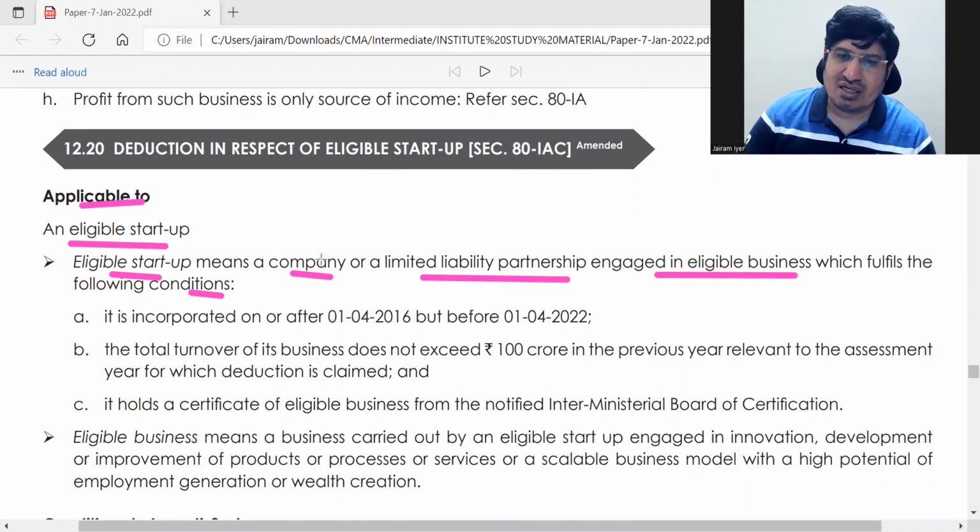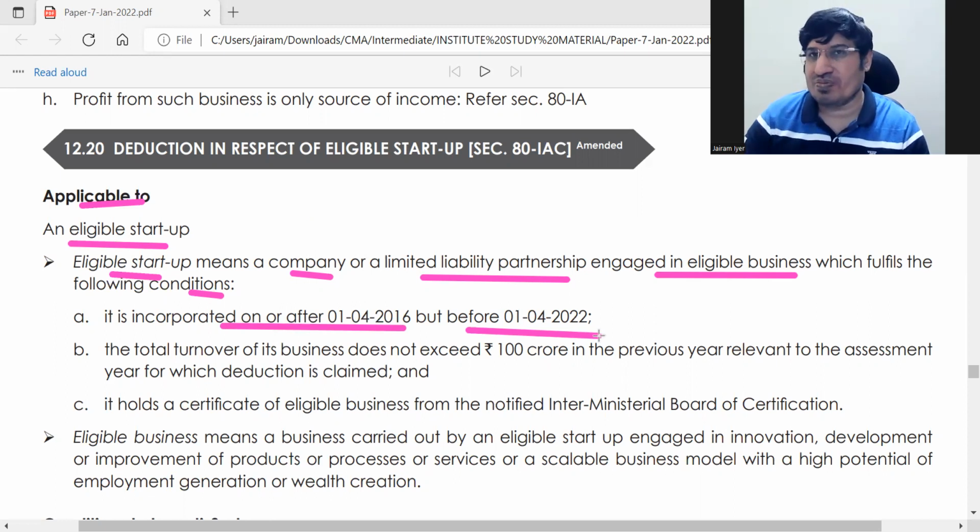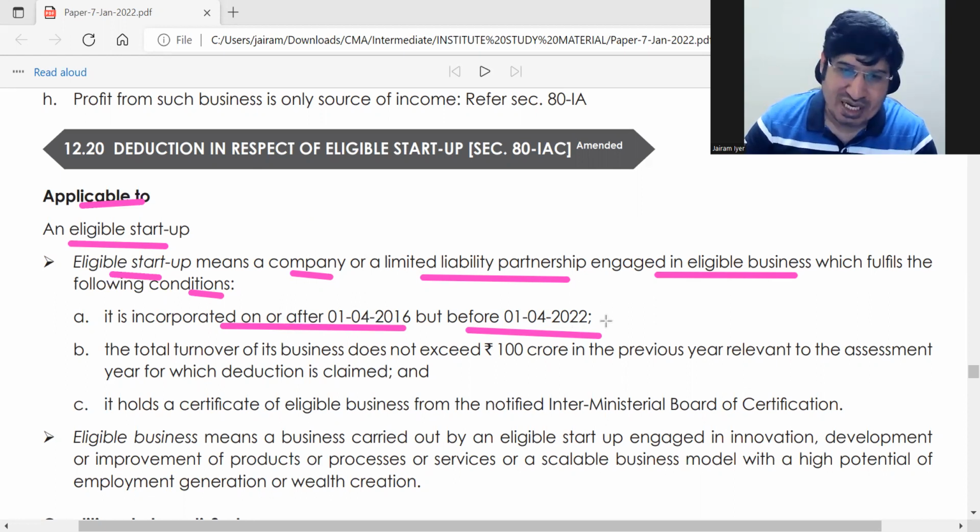ठीक है, so basically company or LLP in eligible business fulfilling conditions, incorporated on or after 1/4/2016 but before 1/4/2022. ठीक है, so it has to end by the end of our current previous year, that is 31/3/2022. ठीक है, right?